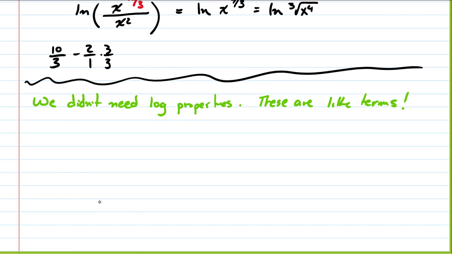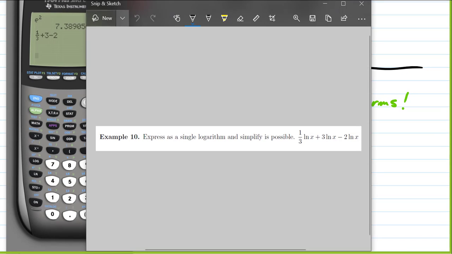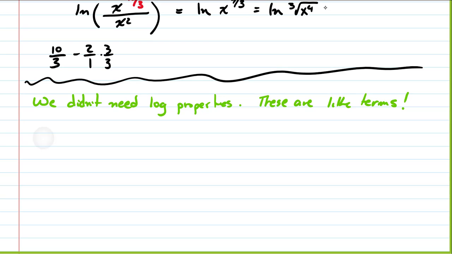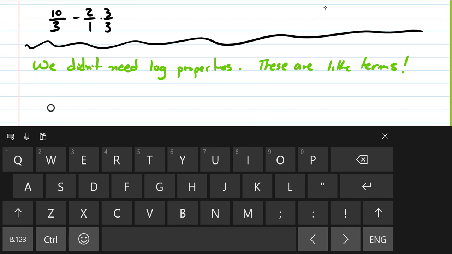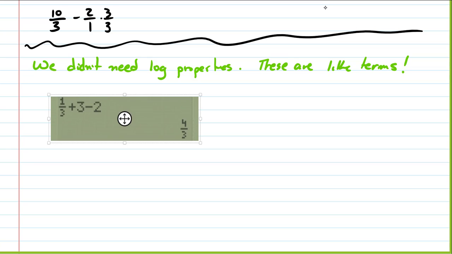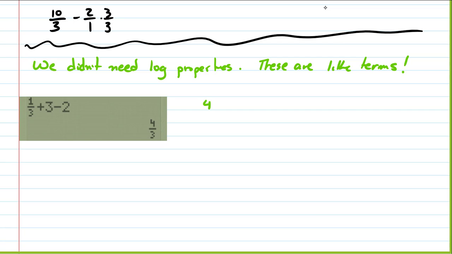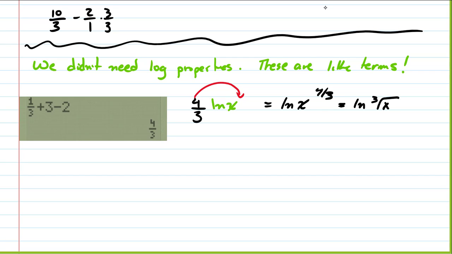So then I would end up with 4/3 times the natural logarithm of x. Well, then if I move that to the inside, I get the natural logarithm of x to the 4/3, which is then exactly the same answer that we had before.